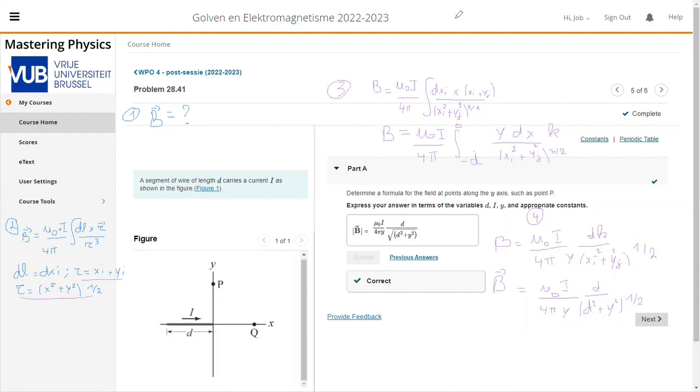Okay, next one. Oh yeah, I forgot something. I forgot to say that you also have to put the d distance into the x component, and just that. For the rest, it will be good.